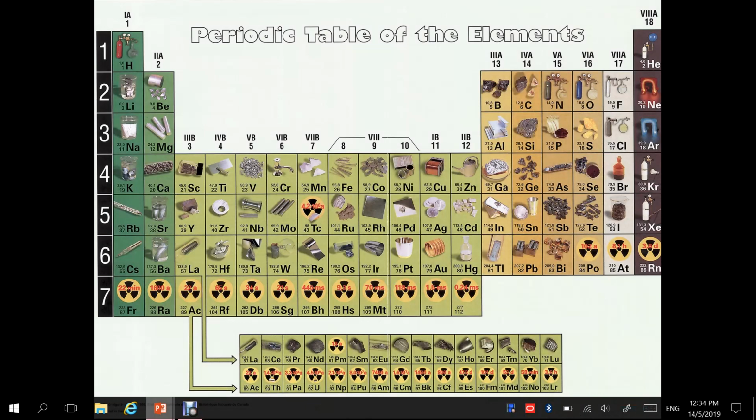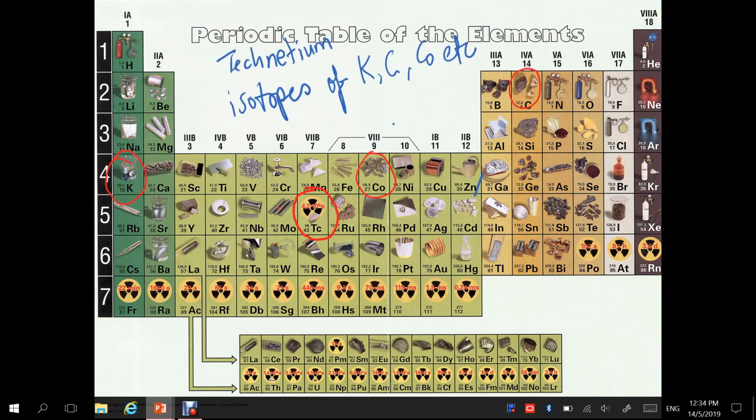If you look at the periodic table, there is this element, somewhere in the middle, where the atomic number is only 43, but it's also radioactive. That is your technetium. Besides technetium, there are isotopes of elements like potassium. Potassium 40 is an isotope of potassium 39. Potassium 40 is found in a banana.